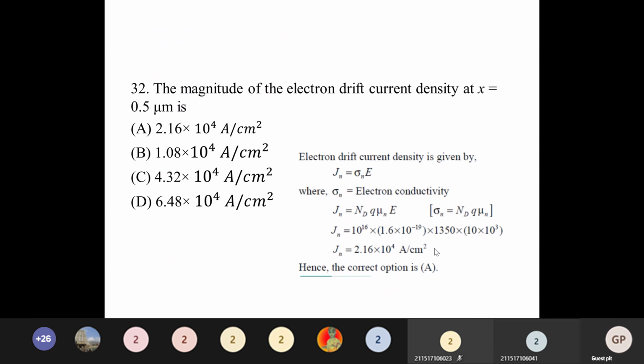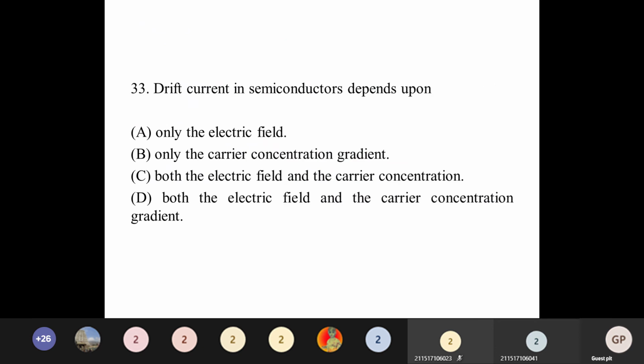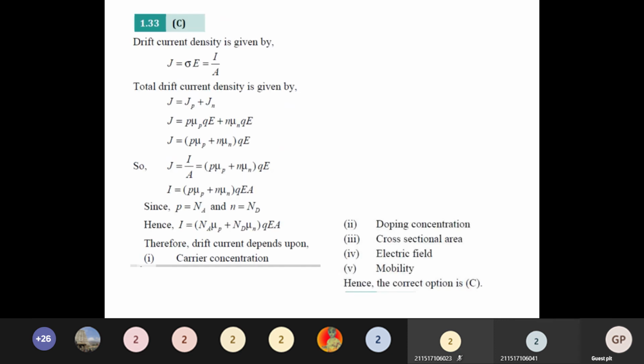After that, the next question: drift current in semiconductors depends upon which one. First we write the drift current density formula, because they may ask anything. J is equal to sigma E equal to I divided by A. J is equal to Jp plus Jn, for both p-type material and n-type material.